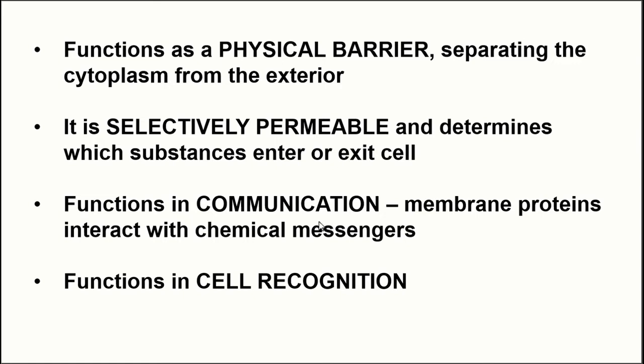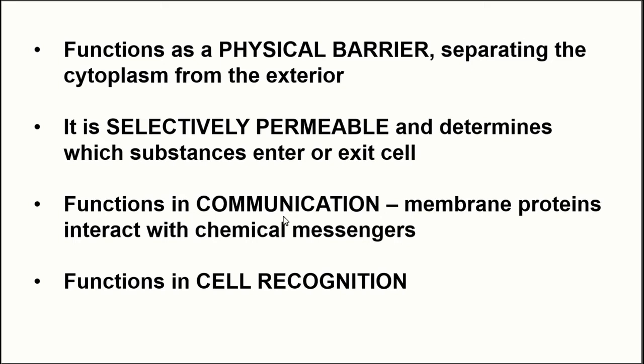It also functions in communication, as some of the proteins embedded within the plasma membrane interact with chemical messengers and then relay those chemical messages to the cell interior. A chemical messenger will interact with a membrane protein and cause a change in that protein, and that membrane protein will then have an effect on some cellular processes occurring inside of the cell.